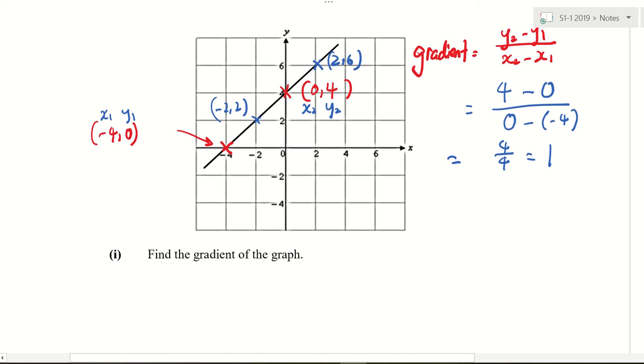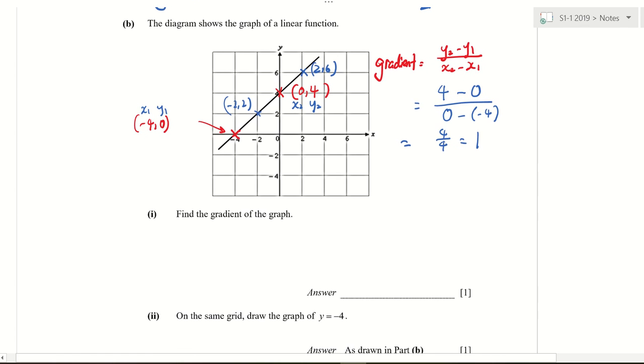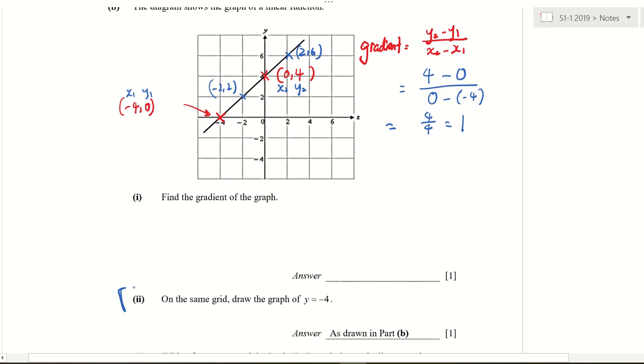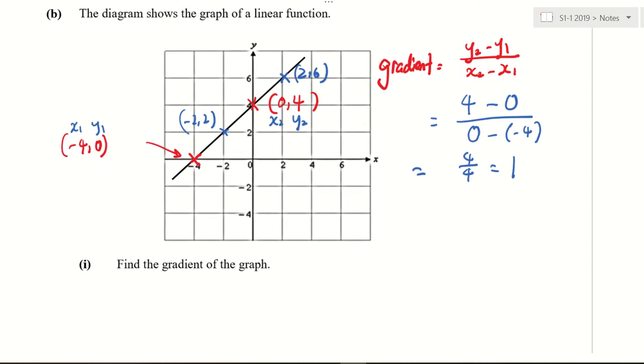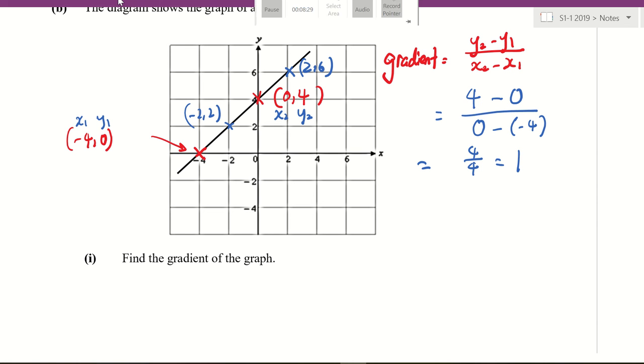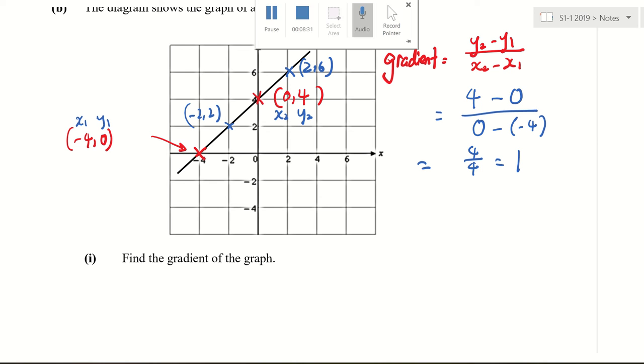No, don't have. What about part 2? How do I draw y equals to negative 4? Can you locate on the graph where is y equals to negative 4? Where? Can you mark a cross? Where is y equals to negative 4?